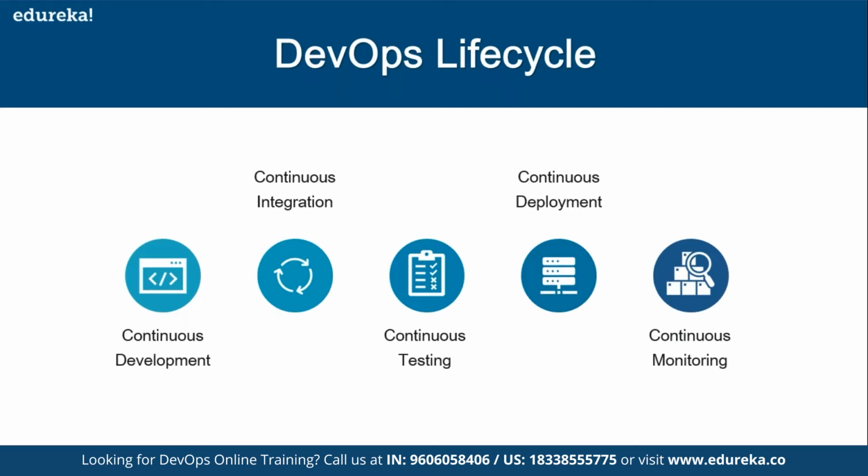As of now, continuous development is simply a phase that involves planning and coding of the software. The vision of the project is usually decided during the planning phase. That's what continuous development is, right? All of these phases are an integral part of the DevOps life cycle. The entire life cycle is broken down into these phases, and these bits and pieces are what we call the DevOps life cycle.